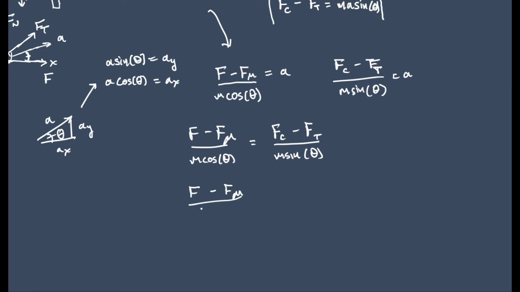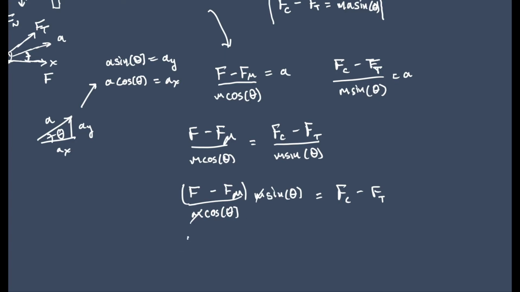But what we get is, I'll do this whole thing out, m cosine of theta times m sine of theta. Okay, and that is going to equal Fc minus Ft. So we just multiplied both sides by this. Now the m's will cancel, like I said, and then we have the tangent of theta.